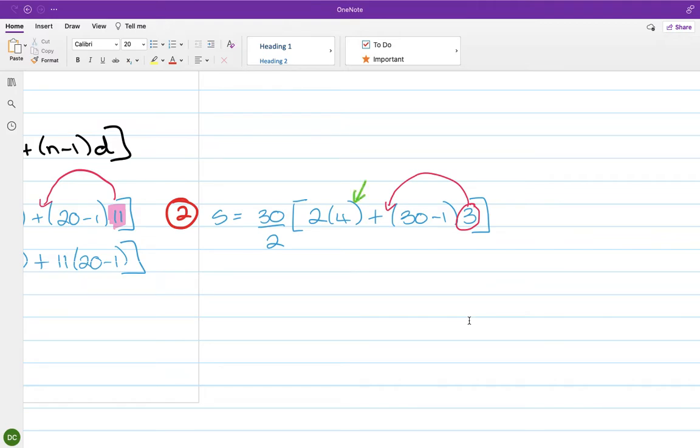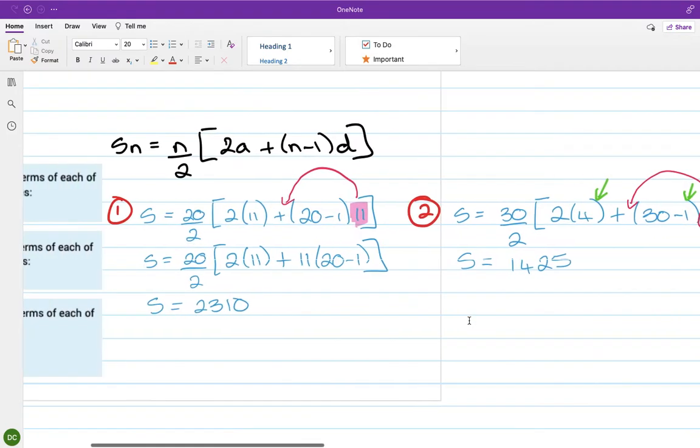I've just closed that bracket, right? Plus 3, open bracket 30 minus 1, close this bracket, and then you have to close this bracket, so you need 2 brackets together. And if you do that correctly, you should get 1425.